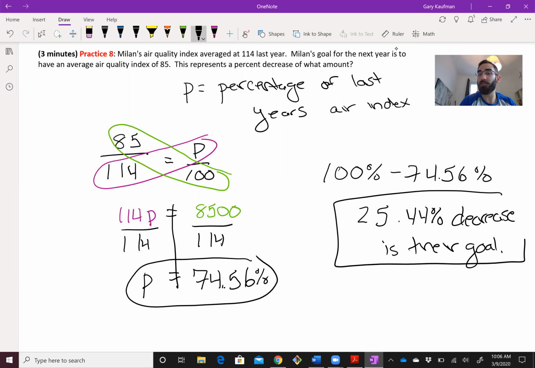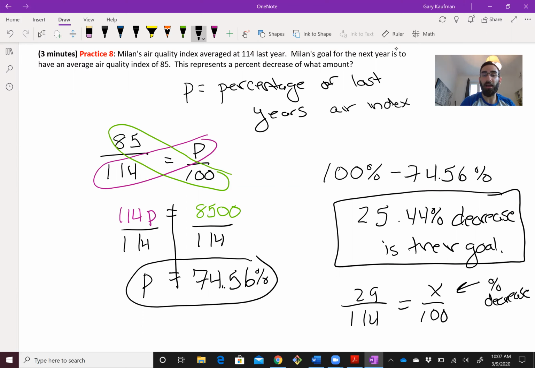Now, again, you could have solved this in a different way. You could have set up the proportion instead, saying 29 over 114 equals, say, x over 100, where x represents the percent decrease, because I did 29, which is the decrease.